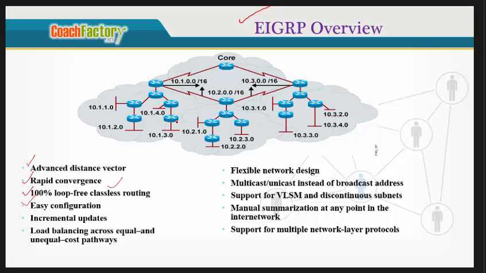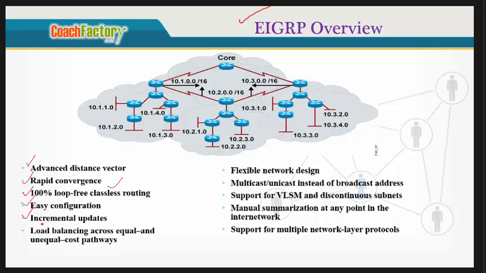If we have multiple areas, then all the other areas have to be directly connected to area 0. Here it's not that complex. It is pretty simple. Go to any router, enable EIGRP using any AS number and advertise the directly connected networks. You are done.